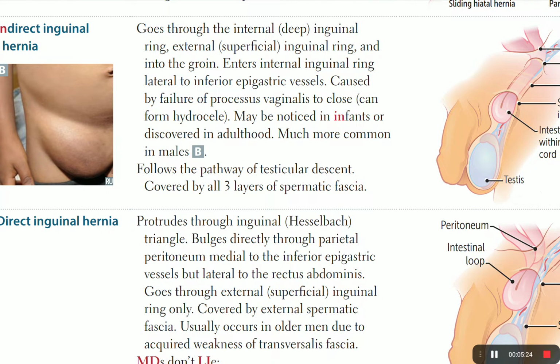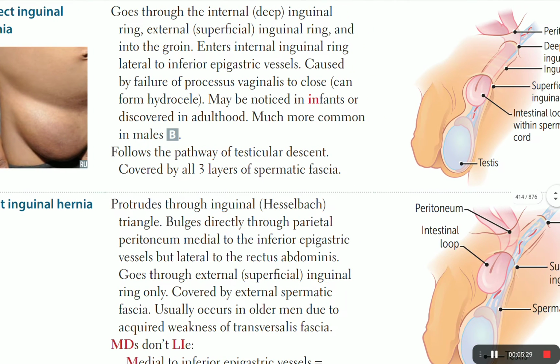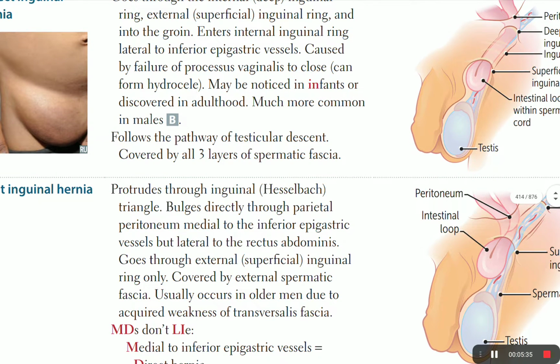Internal inguinal ring is lateral to inferior epigastric vessel. Caused by failure of processus vaginalis to close, can form hydrocele, which is edema in the scrotum.